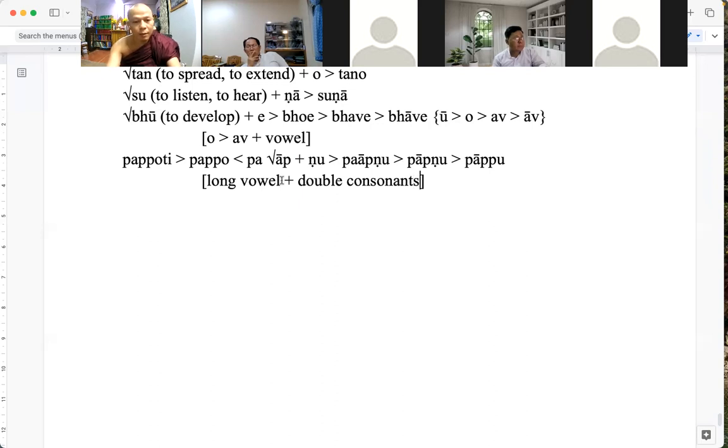At the time, this long becomes the short vowel. That is why this formula also needs to be remembered. That is why ba bu becomes the short. So ba bu.